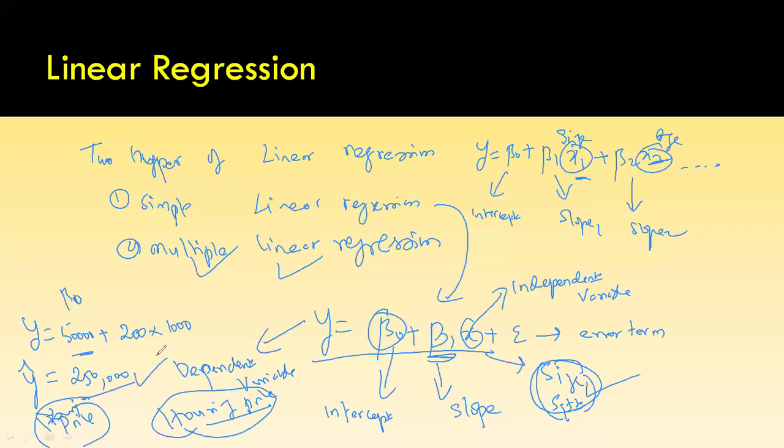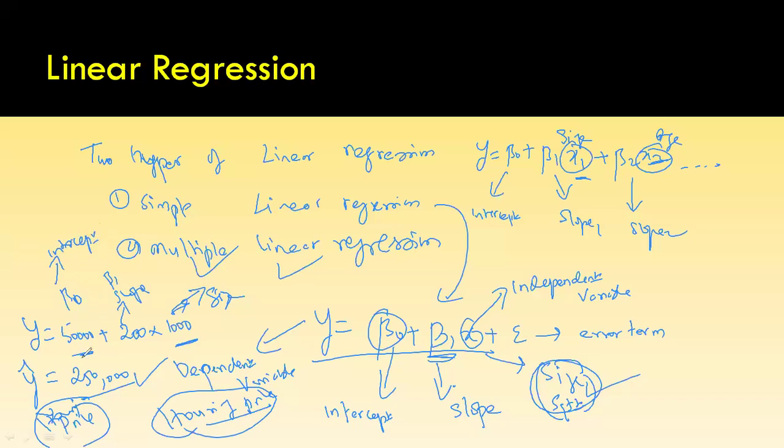How did we get this predicted value? By plugging in the intercept, the slope value, and the corresponding independent variable or input feature value. This 1,000 is the size of the house, the independent variable. This is your slope, beta 1. And beta naught is your intercept.